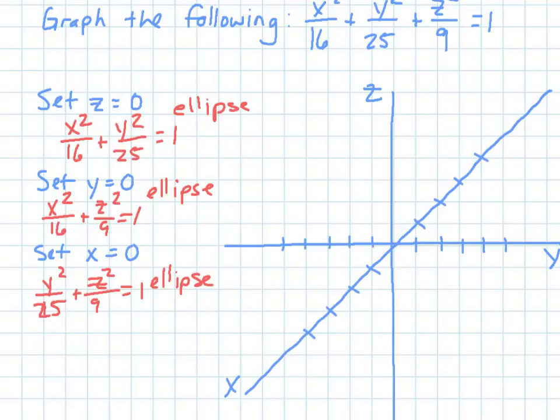I kind of just go with the vertices for the shape. Here's my major axis, here's my minor axis, and now when I graph this, I want to make it look a little bit more 3D-ish. Okay, so that's an ellipse. Now this is an ellipse at a slant, and it's hard to tell the actual shape that it should be, but that's what I'm going to show.